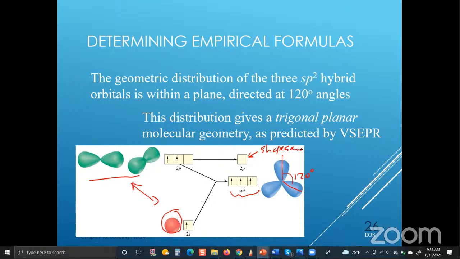And that's basically what happens in the case of sp2 hybridization. So this happens, for example, in the case of a molecule like boron trichloride. And that's the reason why the boron trichloride molecule is a trigonal planar shape, all right? The bond angle here will be 120 degrees.